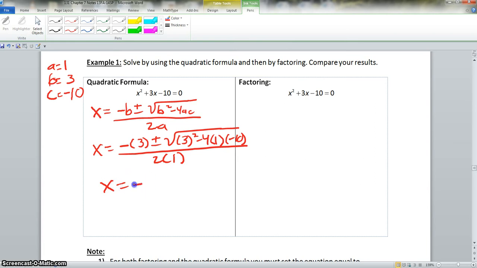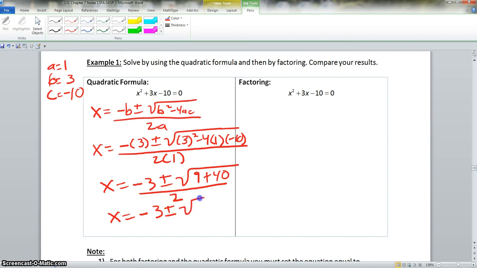So x is equal to negative 3 plus or minus the square root of 9, negative 4 times 1 is negative 4, times the negative 10 is positive 40, and that's all divided by 2 times 1, which is 2. So x is equal to negative 3 plus or minus the square root of 49 all over 2.